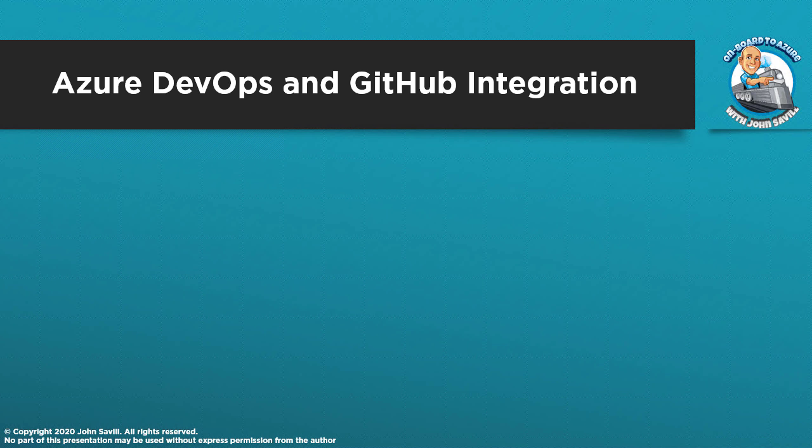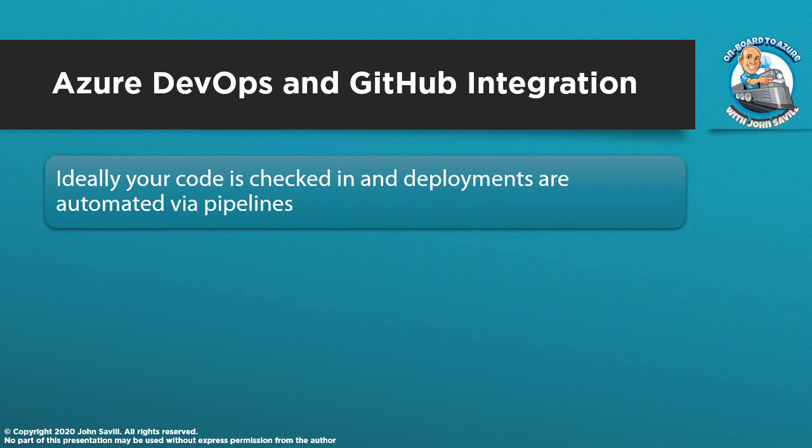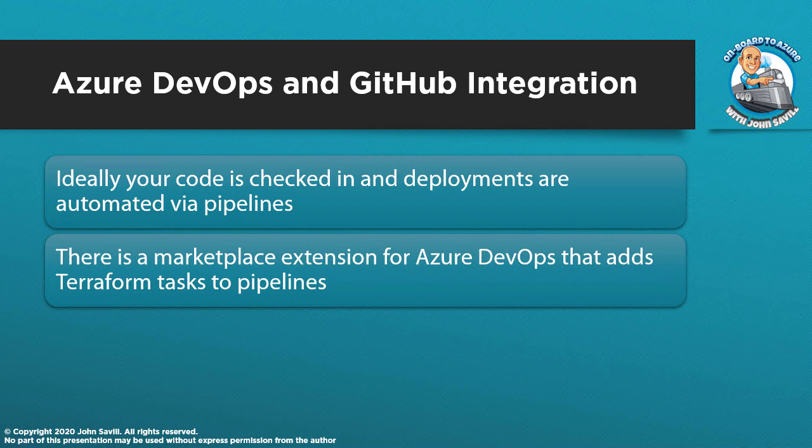Pipelines. Hopefully you're not just manually running these like I am. So in the best case scenario, I'm checking my code in somewhere. I have pipelines to actually do provisioning of the infrastructure of my application. There is a marketplace extension for Azure DevOps that adds Terraform tasks to my pipelines.